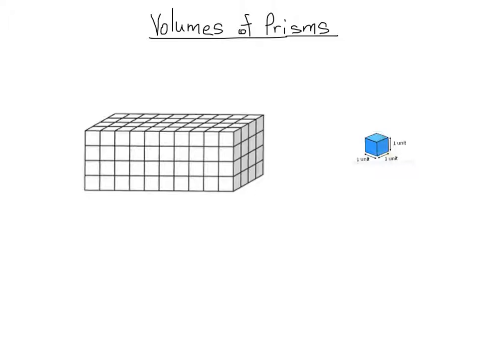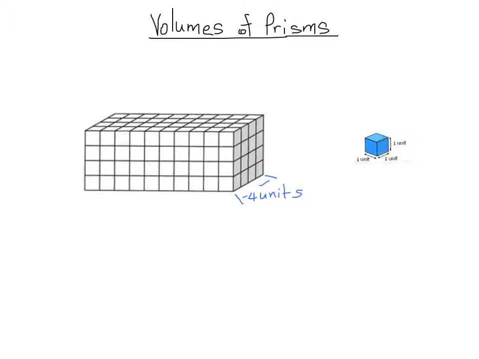All right, so I want to know how many unit cubes are in my bigger shape here, my rectangular prism. I can go ahead and count it, but that would take forever. But what I am going to do is take it old school and count some of them. If I count going back, I'll notice that there's 1, 2, 3, 4 units that way.